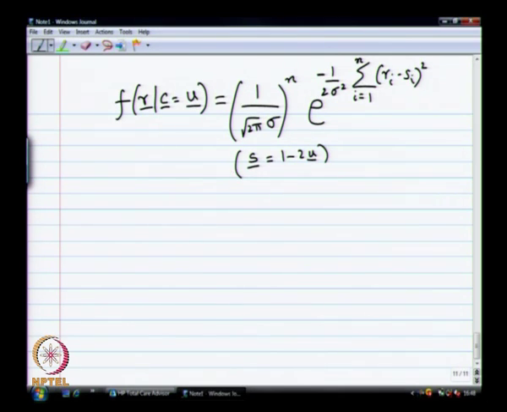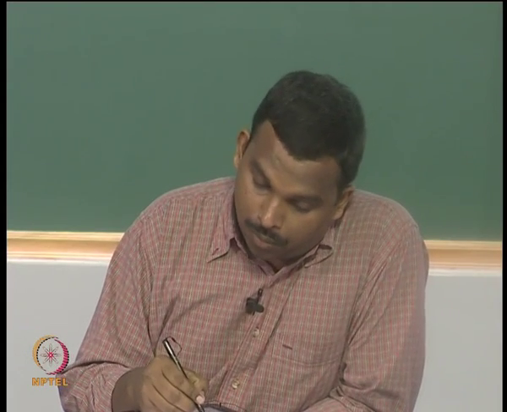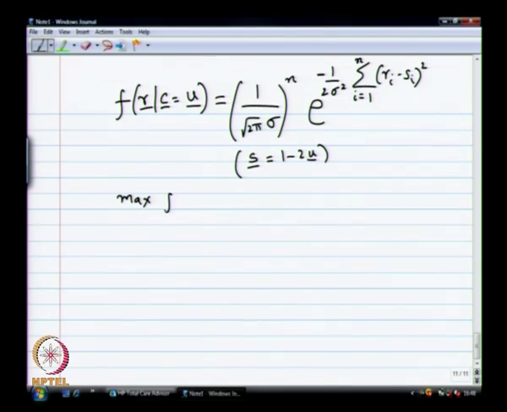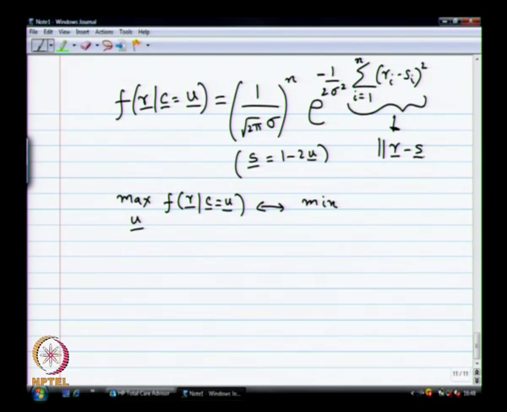Now I am trying to maximize the left hand side. That is the same as maximizing the right hand side. But that is the same as minimizing the exponent, since it is e power minus something. So maximizing f of r given c equals u over u is the same as minimizing the summation, which you can write compactly as the norm of r minus s, squared.